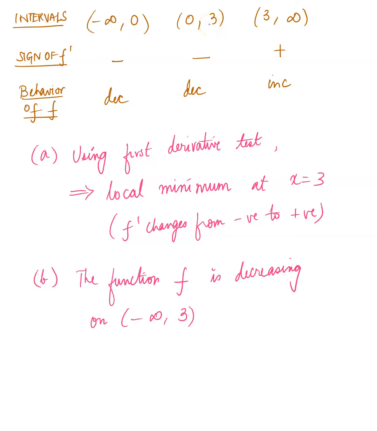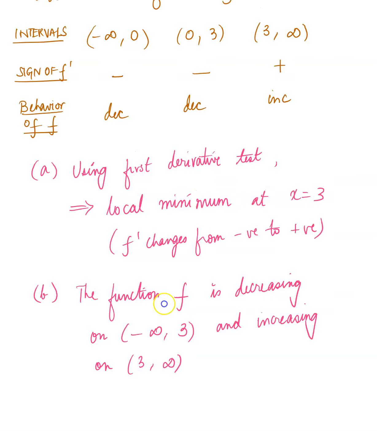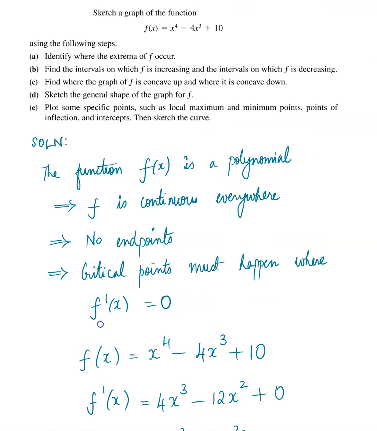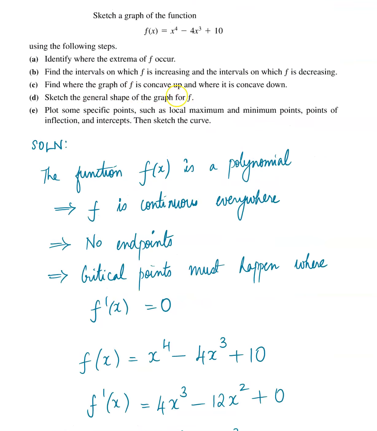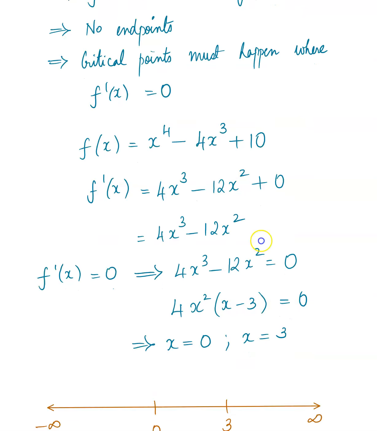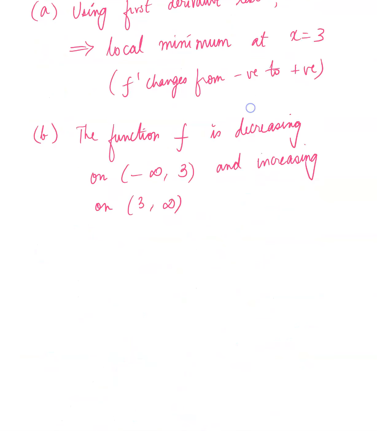And it's increasing on 3 to infinity. And part C says to find the concavity. For concavity, we need the second derivative. So for convenience, I'm going to write the first derivative here.